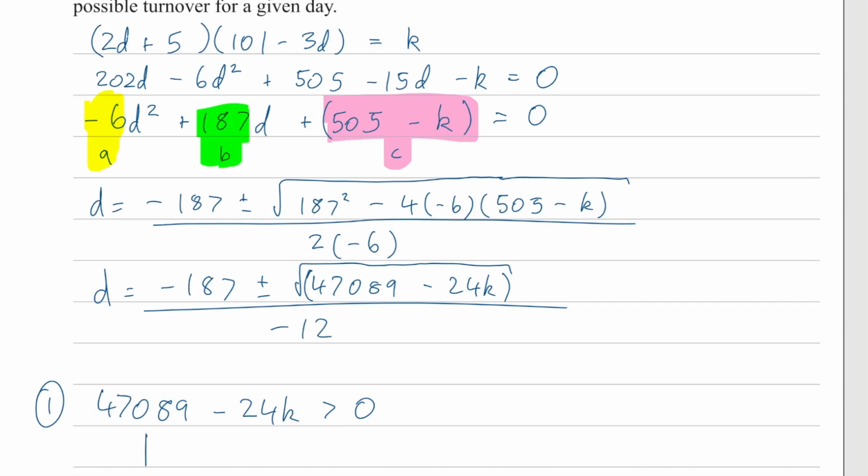We'd find that k must be less than 1962.04. So we can't have a turnover that is greater than that and be a real number.